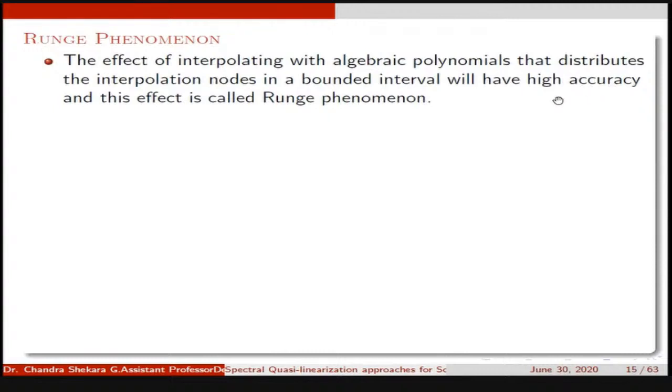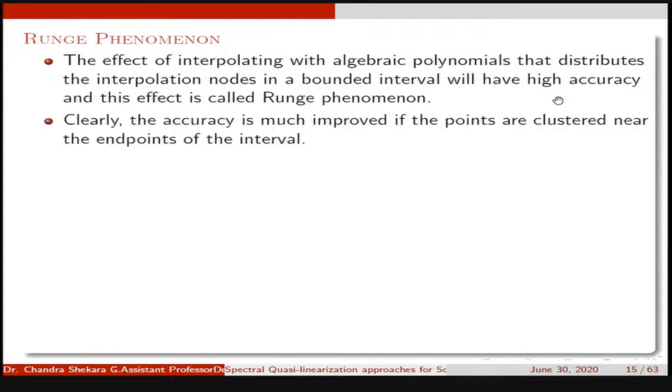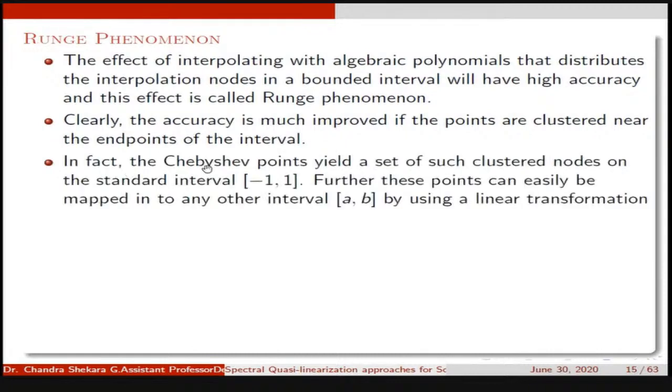Because of this phenomenon, we always try to use clustered grids instead of equispaced grids. These clustered grids are called collocation points. In fact, whatever I mentioned, Chebyshev or Gauss-Lobatto points, they yield a set of such clustered nodes on the standard interval -1 to 1.